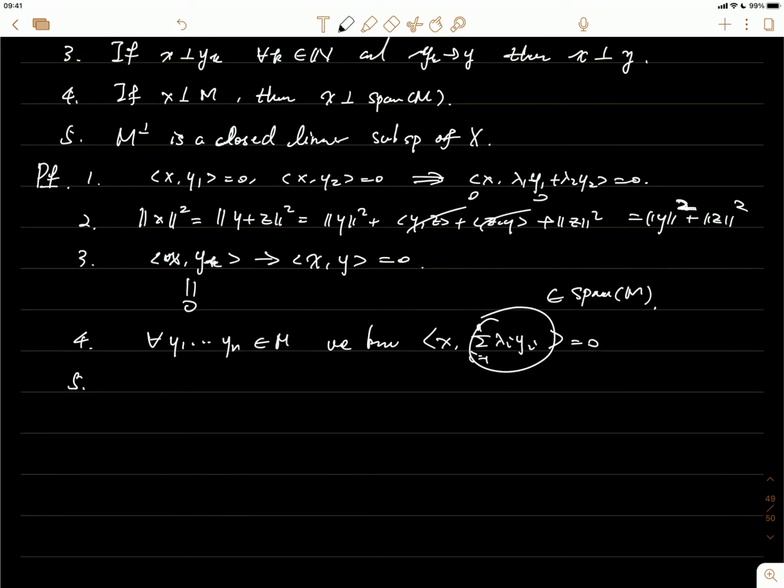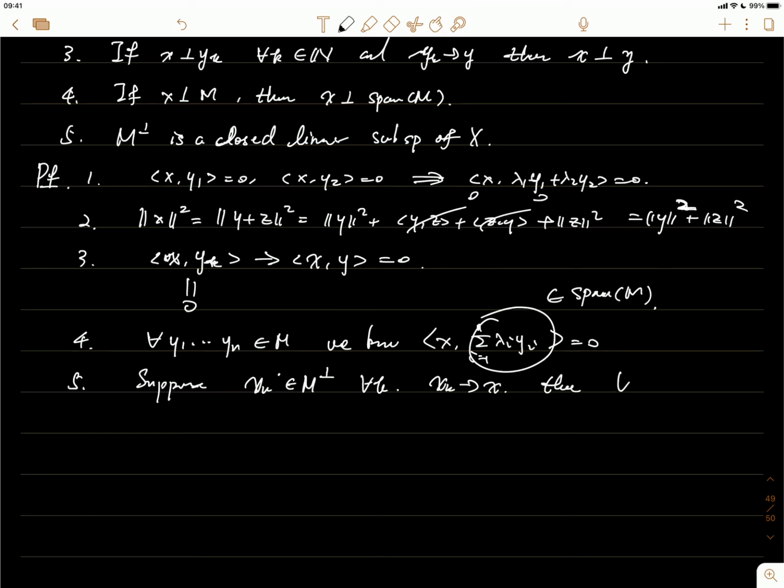That's the fourth one. The last one: we want to show that this is a closed linear subspace. To show that it's closed, we just need to show that for every sequence, if it is convergent, then the limit must be in the space. So now suppose x_k belongs to M perp for any k, and x_k goes to x.